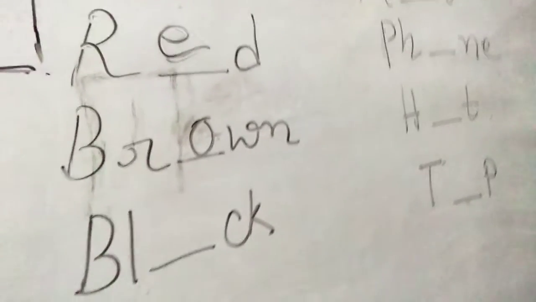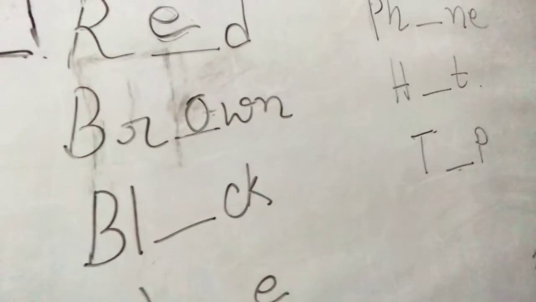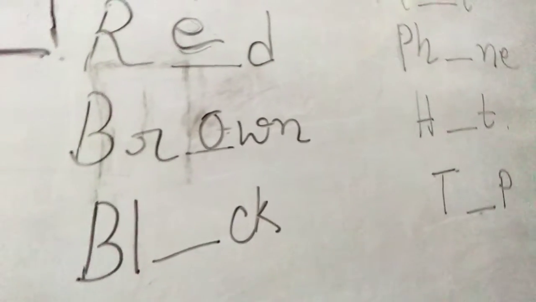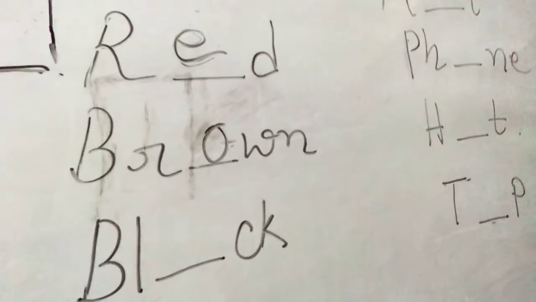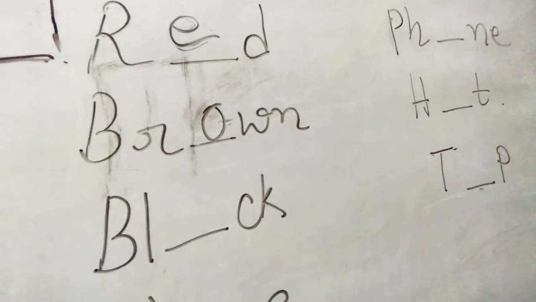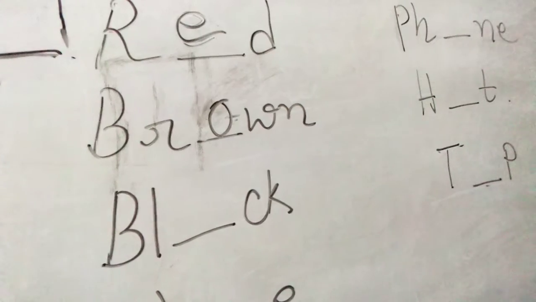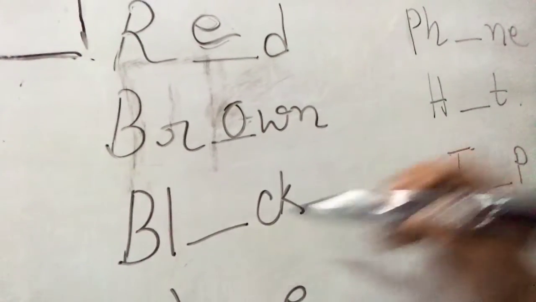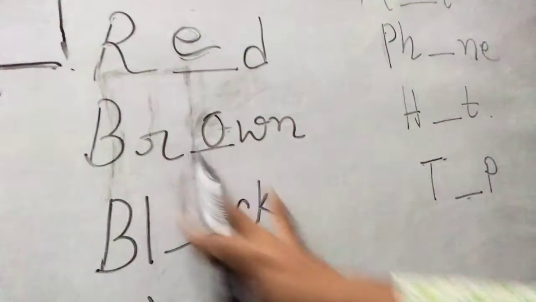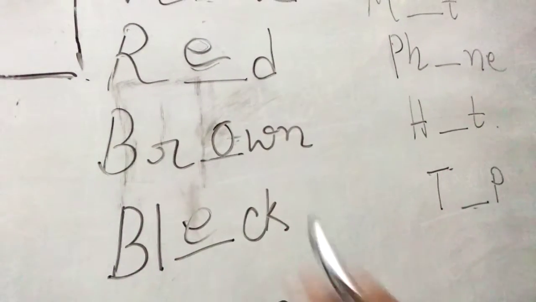Remember in your counting kids, in the poem counting kids, you have read about the colorful kids. So brown kids were one of the kids. So then BL-CK. See, if I put I, I have never seen such a word. If I put E, no, it doesn't make any sense.